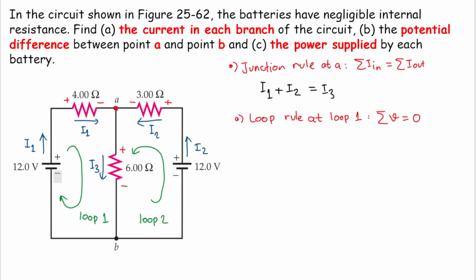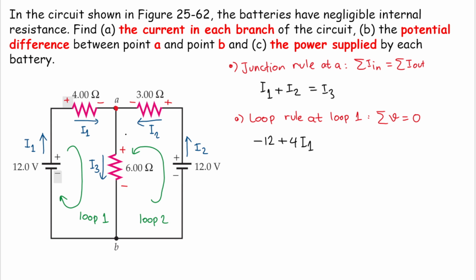So we'll have minus, and the voltage here will be 12. And then let's move on to this resistor here, with the current entering from the positive terminal. So we'll have a plus sign. And because this is a resistance, we need to multiply it by the current to get the voltage. So 4 times I1, right?